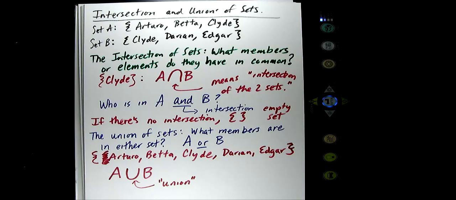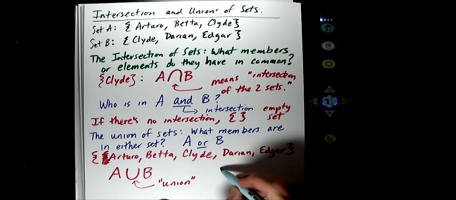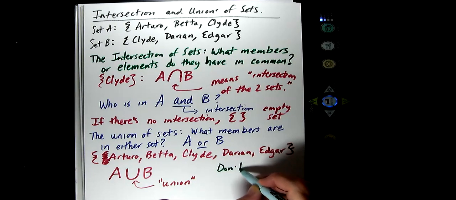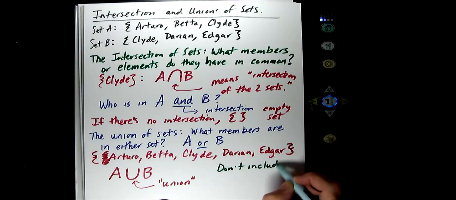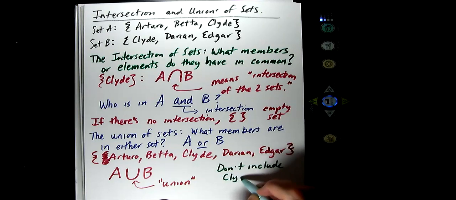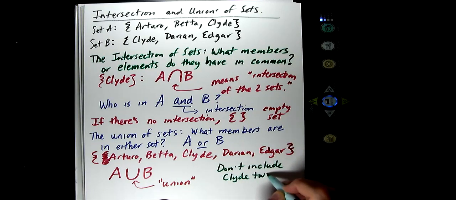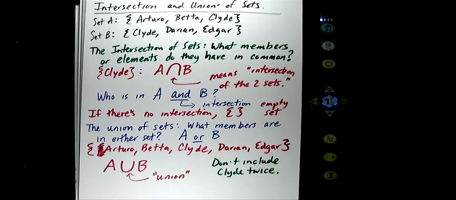It's not everything but Clyde, but it's everybody. It's important to note, don't include Clyde twice, even though he's in both groups. If the same thing is in both, you just write it once.